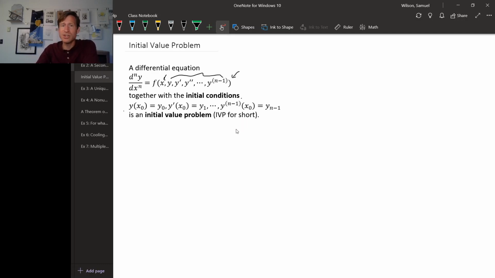One important thing to notice about the way that this is set up is that all of these initial conditions for the derivatives of y all have to be at the same x value. If you have different x values, that's not technically an initial value problem. So it's actually important that these all be the same for theoretical reasons that we'll get into later.